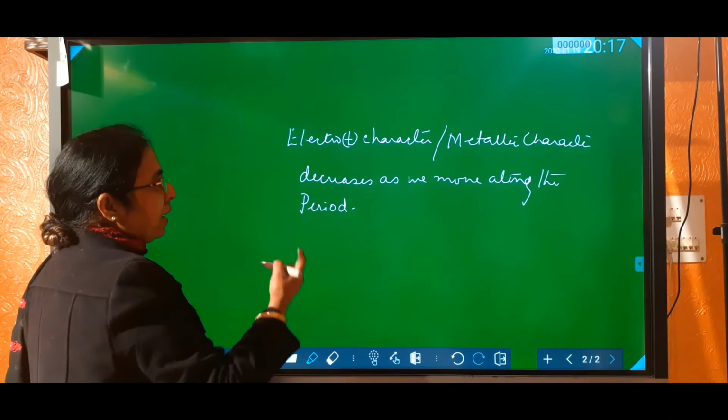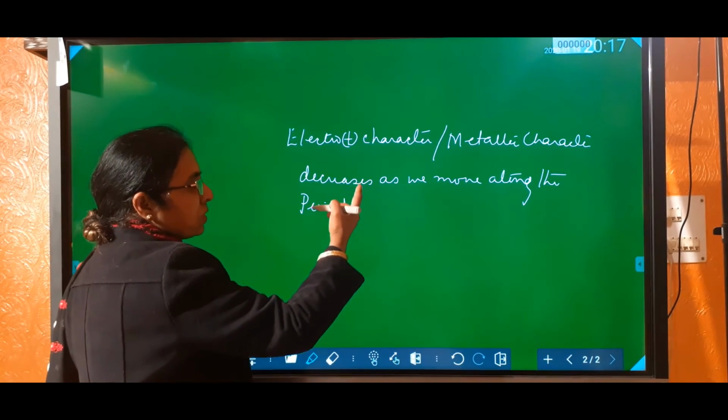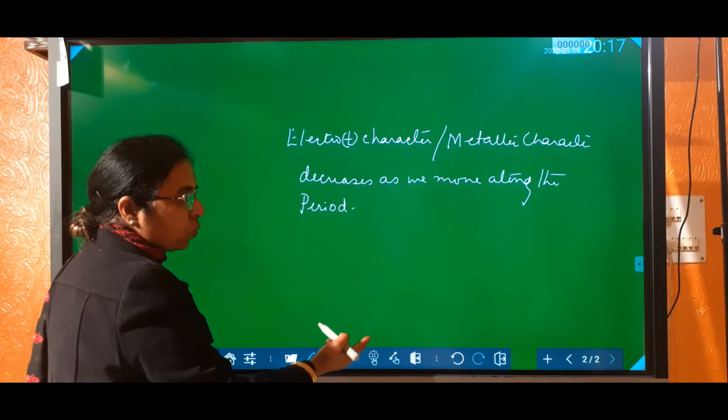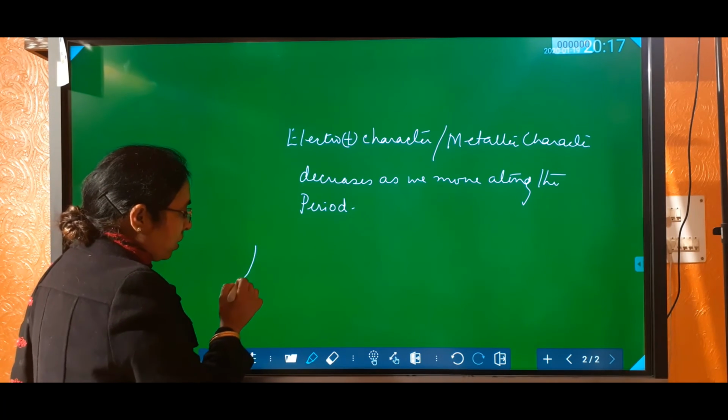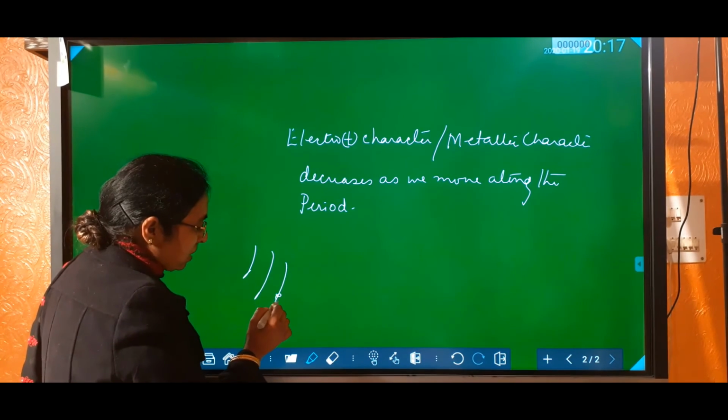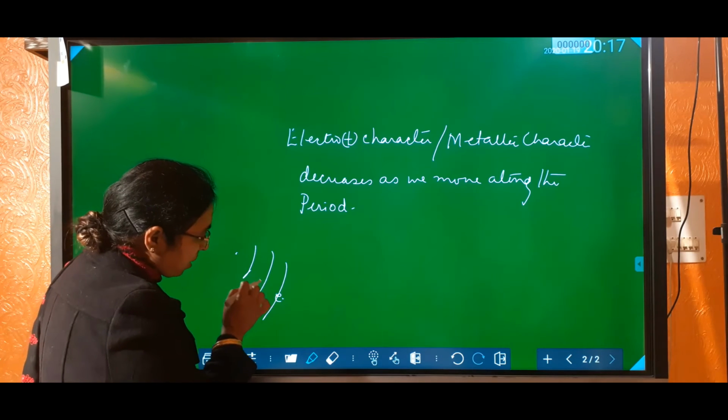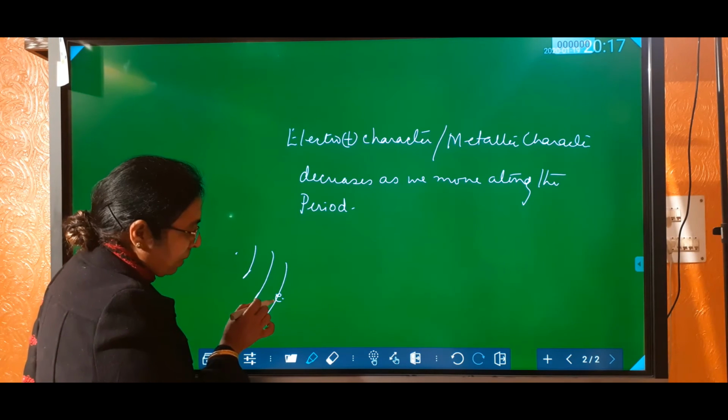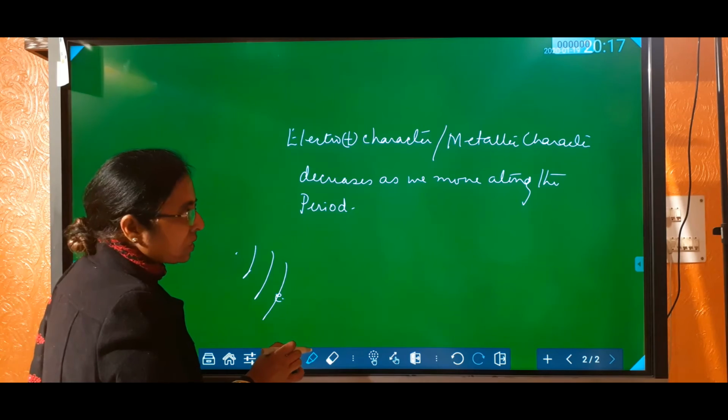And as we move down the group, what will happen to this electropositive character? The outer electron is becoming farther from the nucleus, so it becomes easier to pull these electrons.